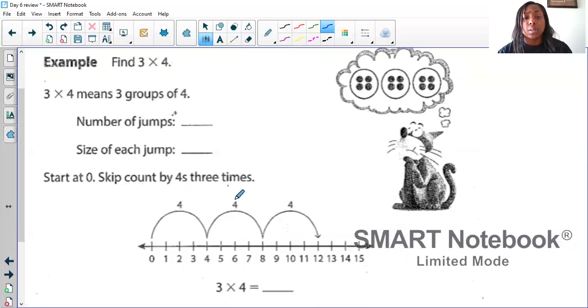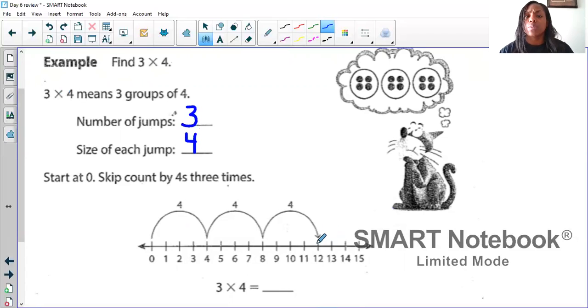So I see 1, 2, 3 jumps. You see that too? Okay, so we need to put right here 3. And what are the size of our jumps? Meaning how many numbers did we skip over at a time? So 1, 2, 3, 4. So very good. So that's how we have our 3 times 4.